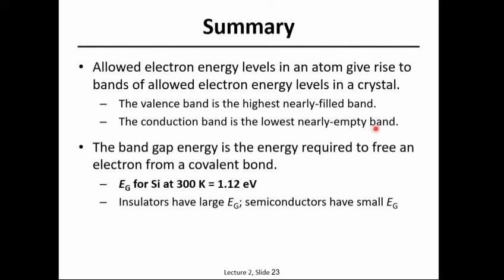As for silicon, we are talking about bands: we say the allowed electron energy level in an atom gives rise to a band of allowed electron energy levels in a crystal. The valence band is the highest point where the electrons are, and the conduction band is the lowest energy level where the band is empty. The energy gap between the two we call EG, the energy gap. For silicon it is 1.12 electron volt at 300 degrees Kelvin, at room temperature.